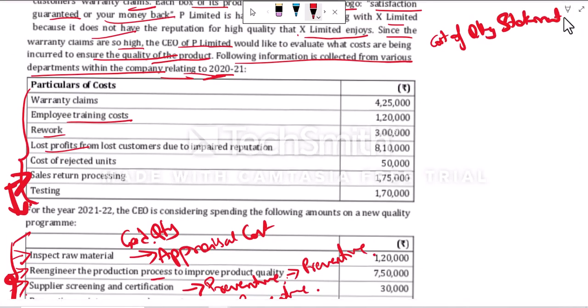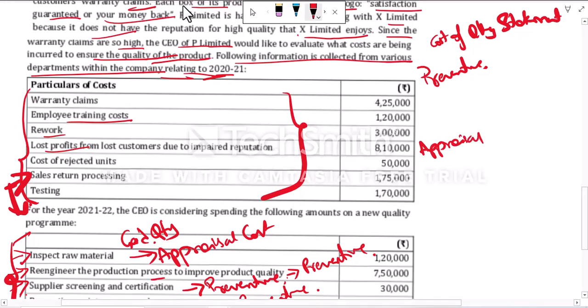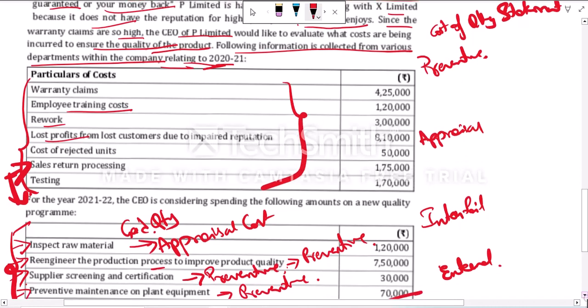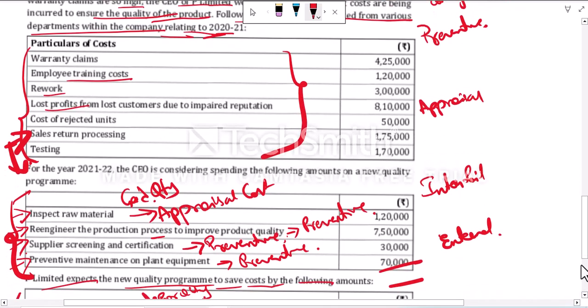See what I said about cost of quality: cost of good quality and cost of bad quality. So we have to bifurcate this. Nothing special in that. Preventive, appraisal, internal failure, external failure. First bifurcate which cost is which. This is the cost of quality statement.